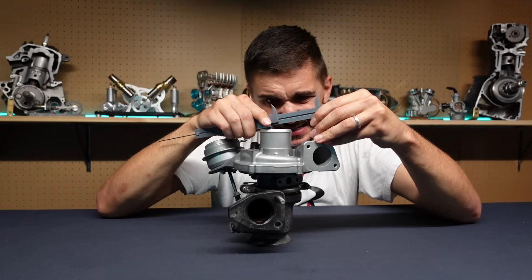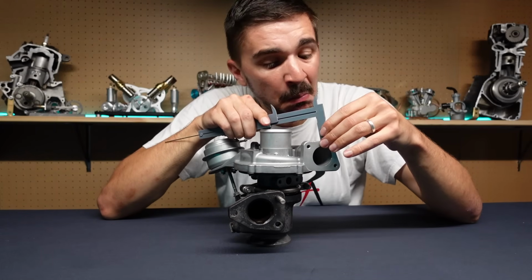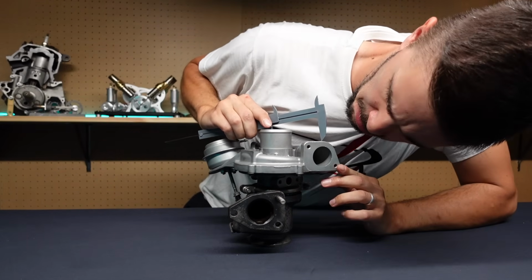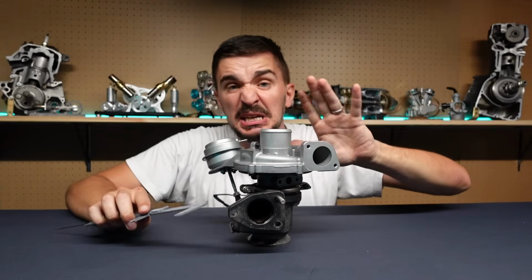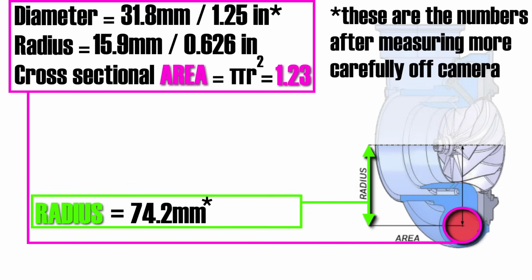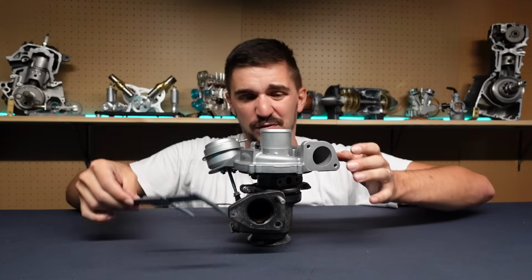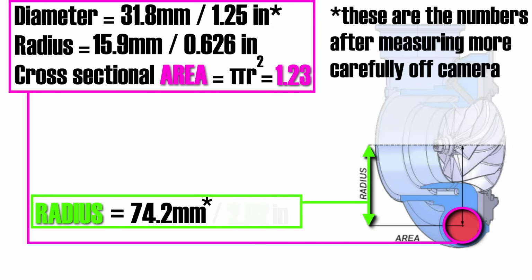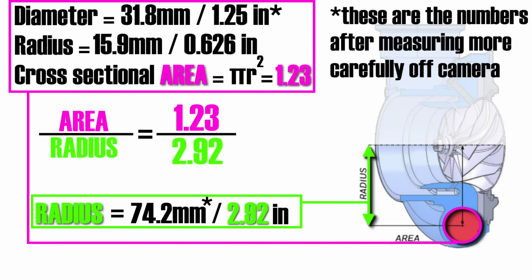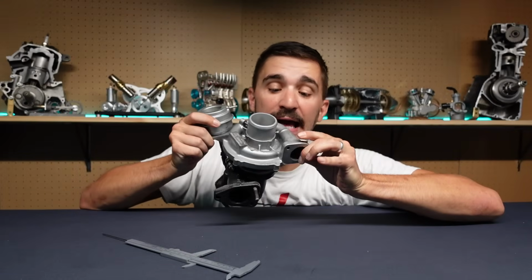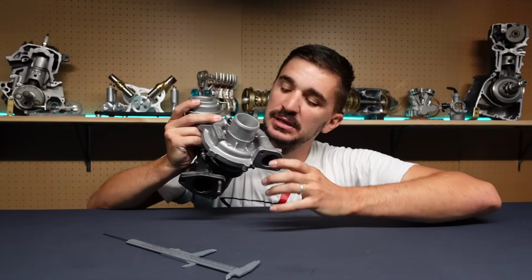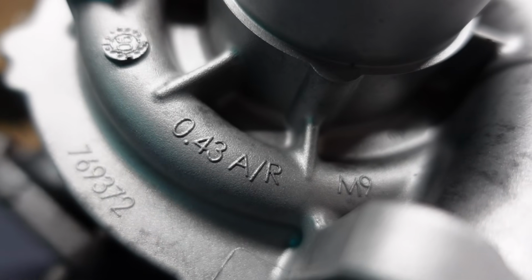And as far as I can tell, that's around 76-ish millimeters. Very hard to be accurate with your hands moving around free like this. If we convert that to inches and then divide these two numbers, we should get something close to 0.43 AR, which is what's cast right here on the compressor housing.